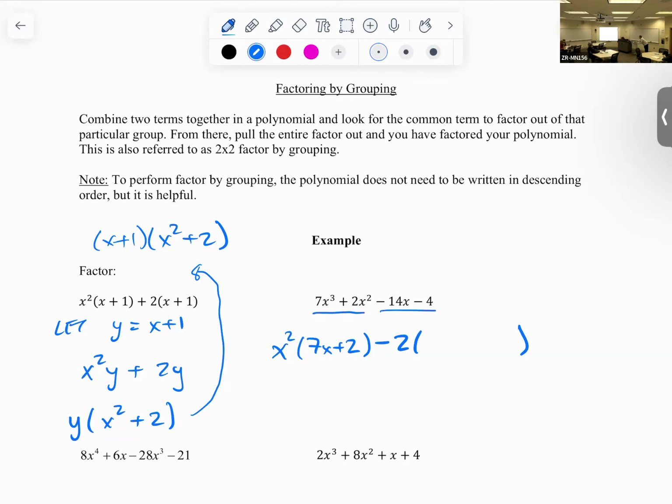If I pulled a -2 out of -14x, what remains? X. Anything else? Thank you, Fred. Well, you still have the -4; we're just on the first term. So what's left? -2 times what makes -14? Positive 7. Yeah.